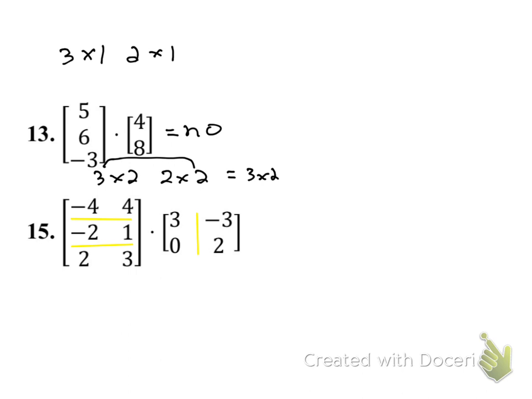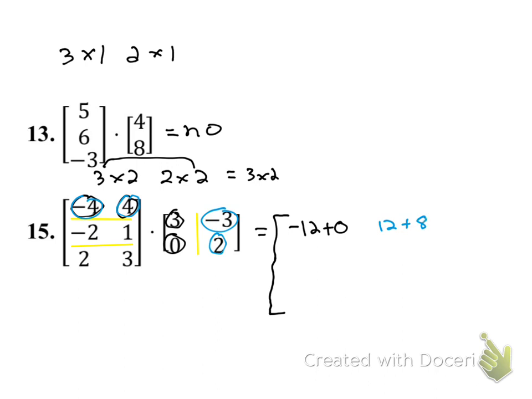Rows by columns. All right, so -4 times 3 gives me -12 plus 0. -4 times -3 gives me 12 plus 4 times 2 is 8.